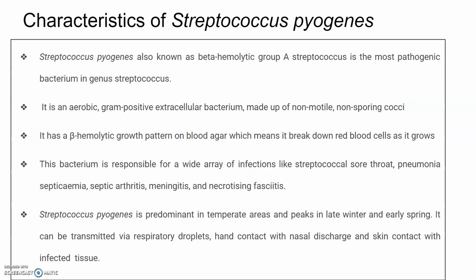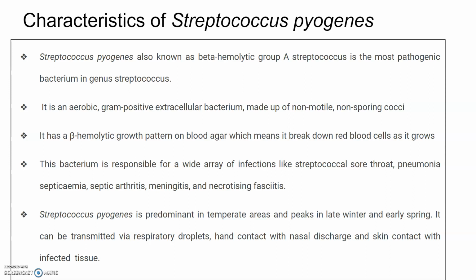As we said earlier, Streptococcus pyogenes causes NF. Streptococcus pyogenes is a beta hemolytic group A Streptococcus, and it is the most pathogenic bacterium in the genus Streptococcus. It is an aerobic gram-positive bacterium that is made up of non-motile, non-sporing cocci. It has a beta hemolytic growth pattern in blood agar, which means it breaks down red blood cells as it grows.